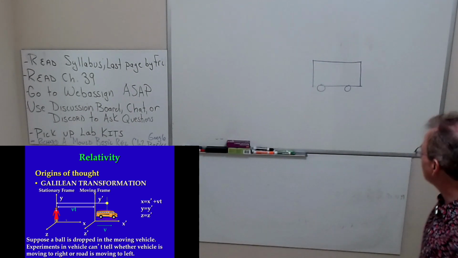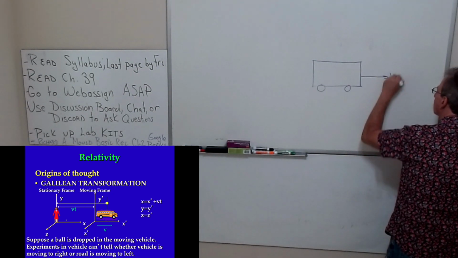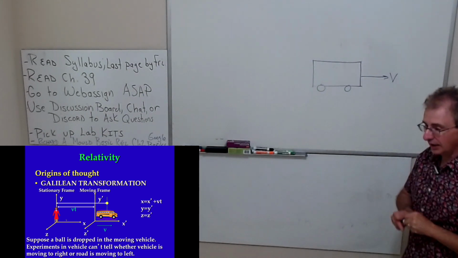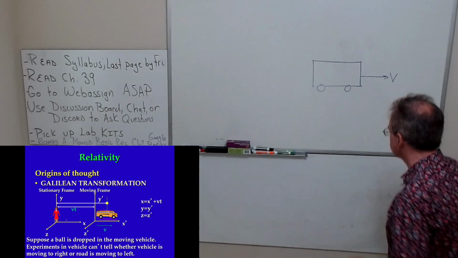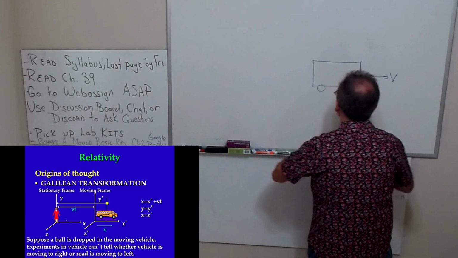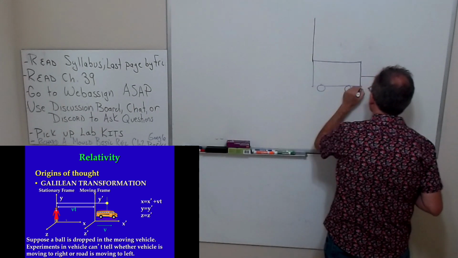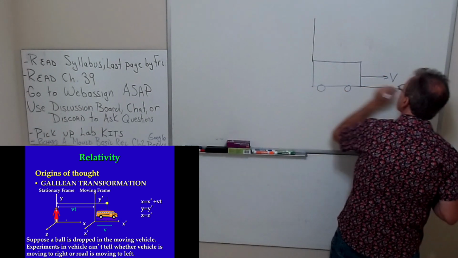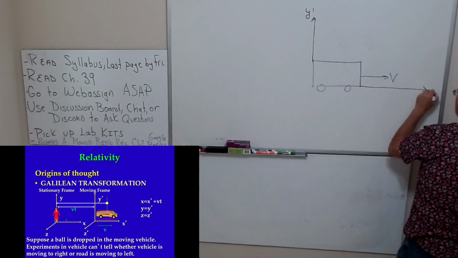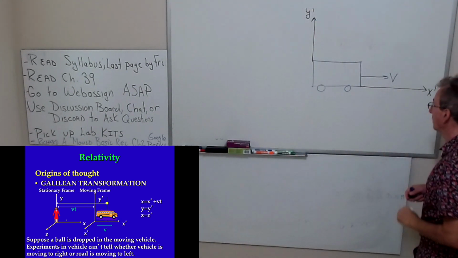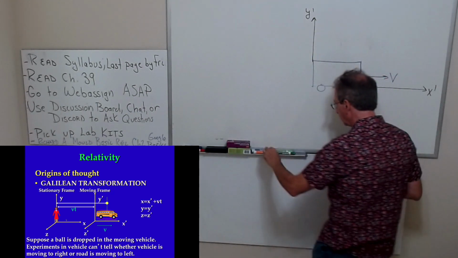That's my school bus, going with velocity v. And I'm going to attach to it a coordinate system. I'm going to call this y prime, and I'm going to call this x prime. The bus is moving to the right, and we are in the school bus.